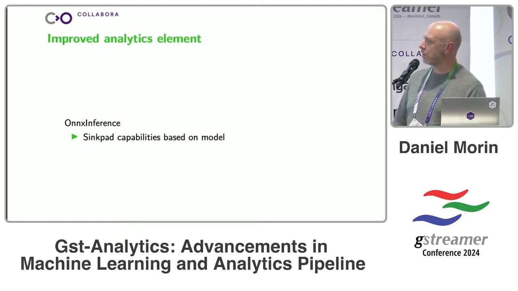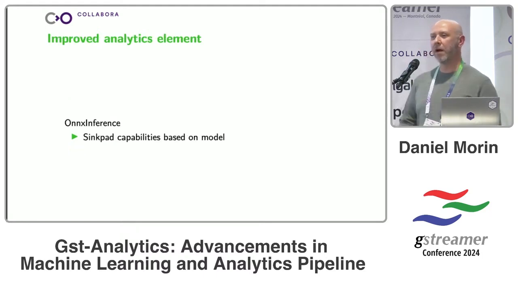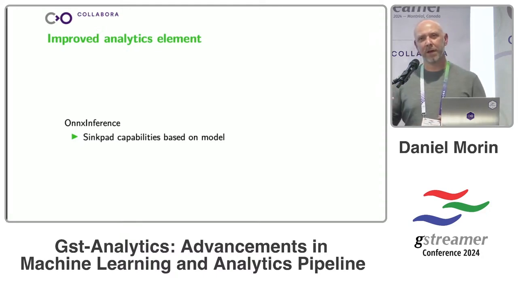But yeah, last one, ONNX inference, we improved it. Before, the sink caps were sort of static and independent from the model that we were loading. So it wouldn't really be able to communicate to the upstream element what type of processing was needed. When you were building your pipeline, you had to know, okay, this is the type of data you're expecting.